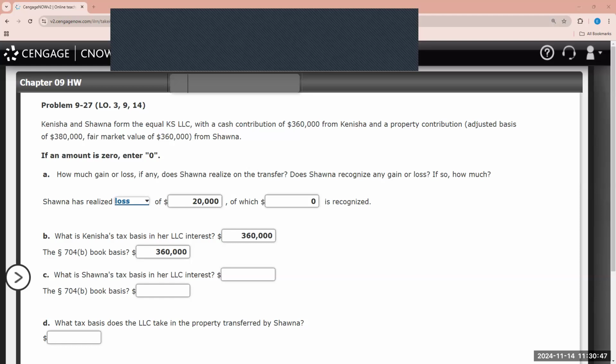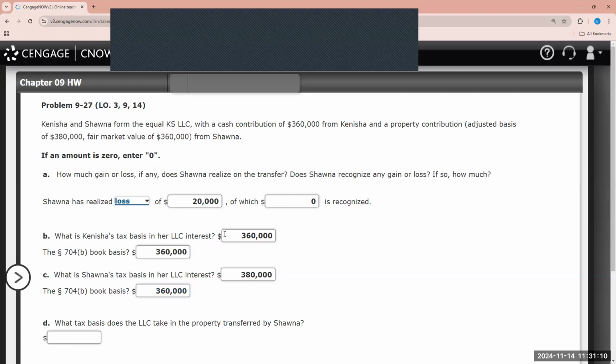Shauna's tax basis in the LLC is going to be $380,000, and the 704(b) book basis is going to be $360,000.